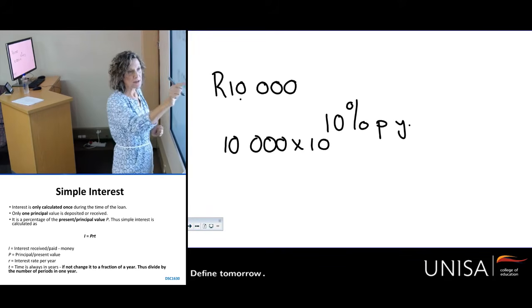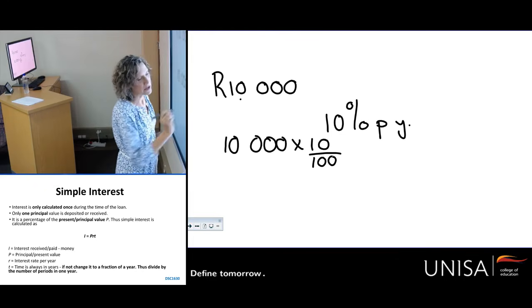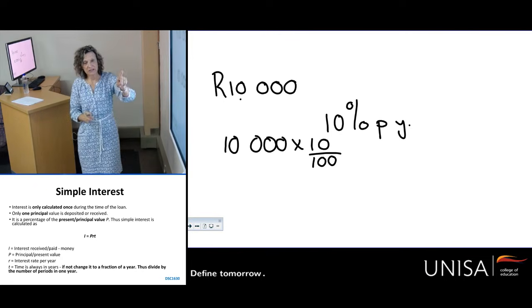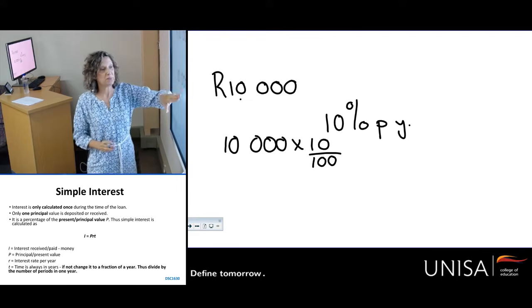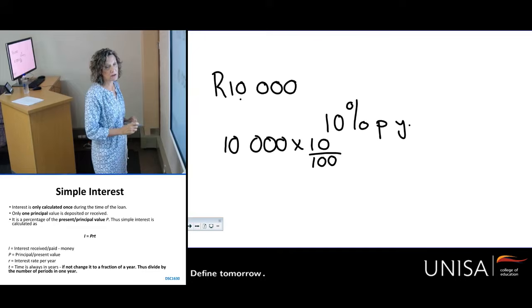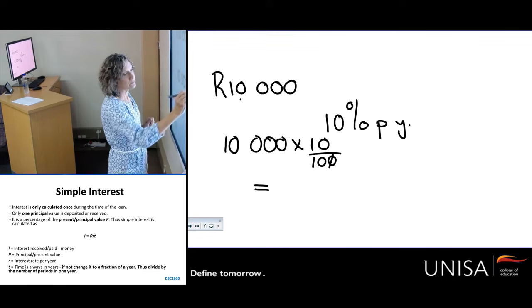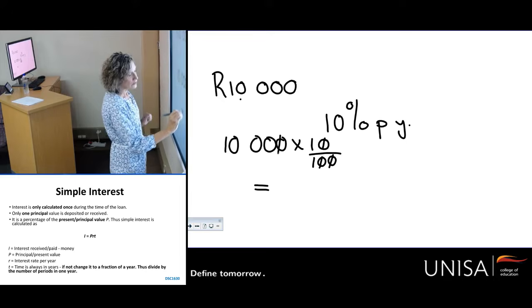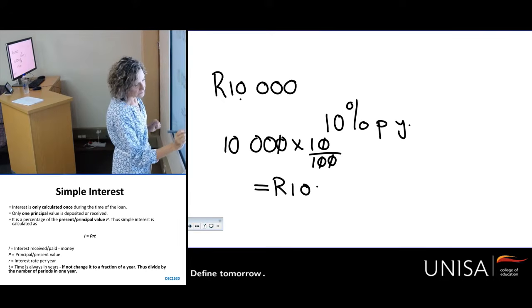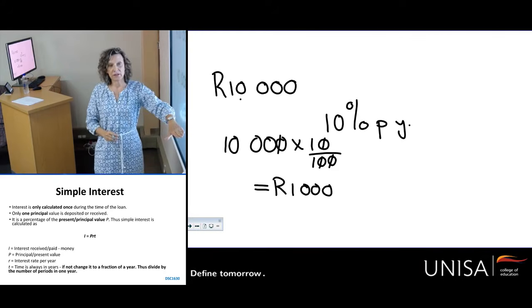But remember, what does 10% mean? 10 divided by 100. A percent means how many pieces out of 100. So it's 10 over 100, and that will give you the value of 1,000 Rand. So each year you will be paying 1,000 Rand.